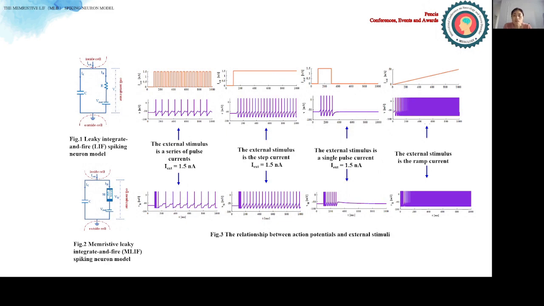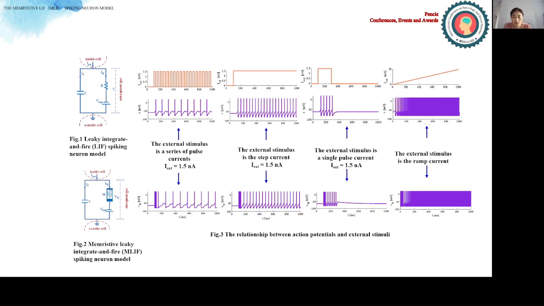The LIF spike neural model can mimic the firing patterns and the information propagation of neurons. We replace the resistor in the LIF spike neural model with a memristor, and the MLIF spike neural model can be achieved.